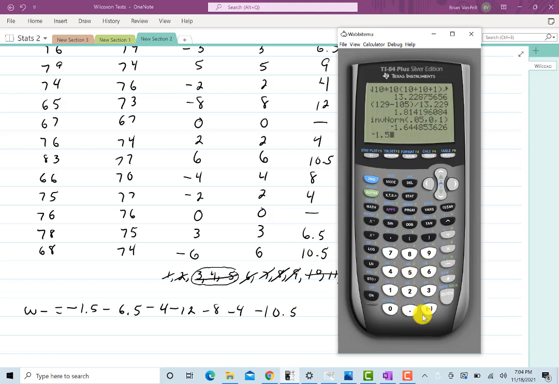Negative 1.5. Remember to use the negative for that, and then you can use minus for the rest of it. Minus 6.5, minus 4, minus 12, minus 8, minus 4, minus 10.5, and I get negative 46.5.